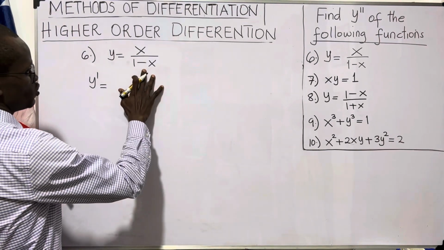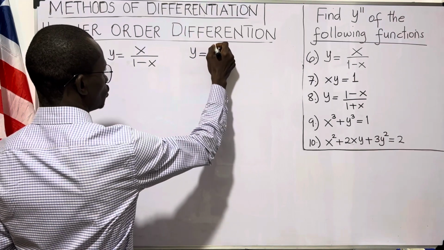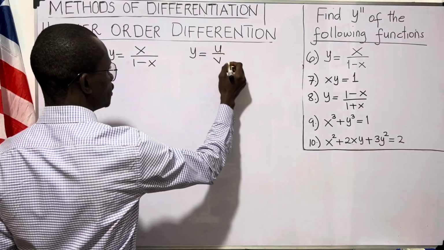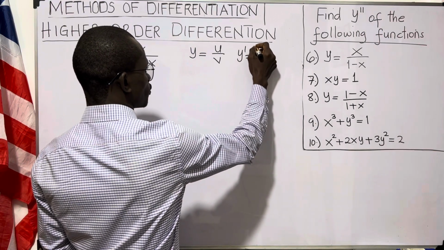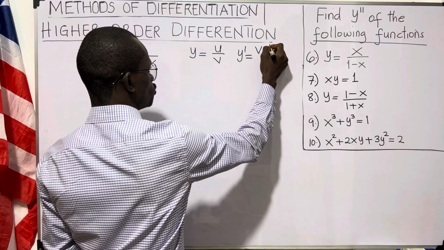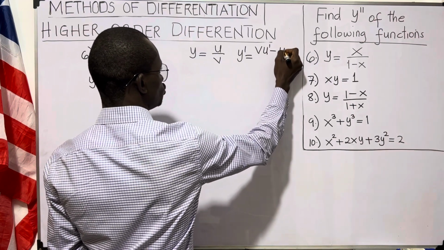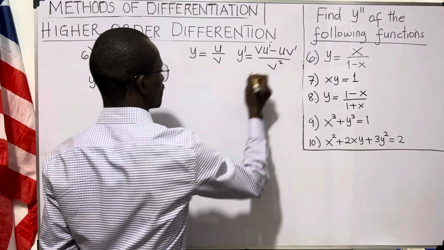So the quotient rule says if we have y equals u all over v, y prime is equal to v times u prime minus u times v prime all over v squared.